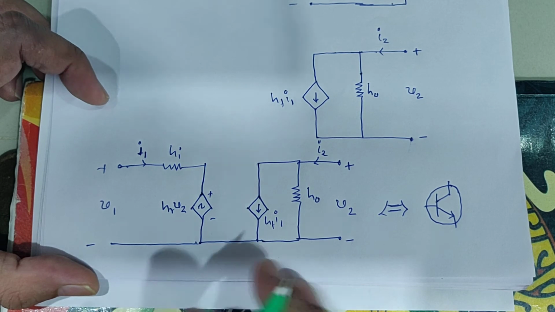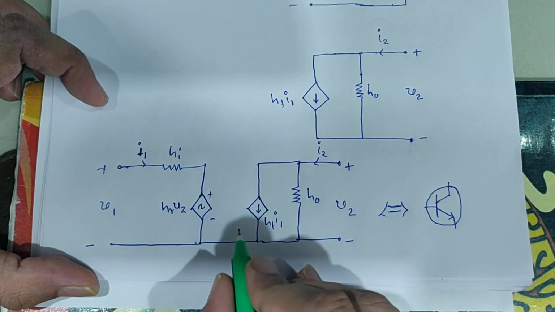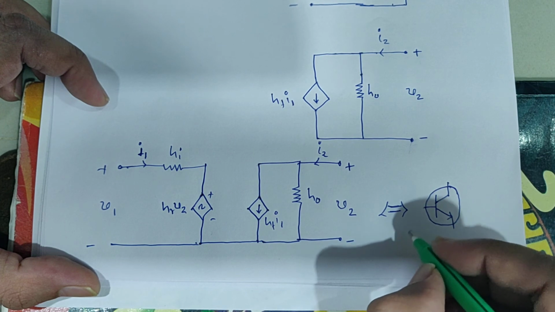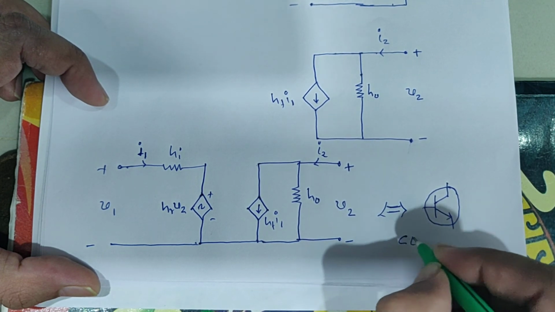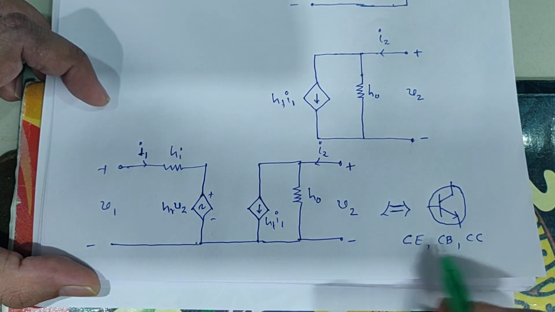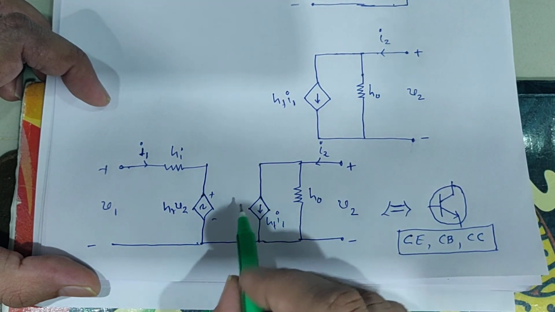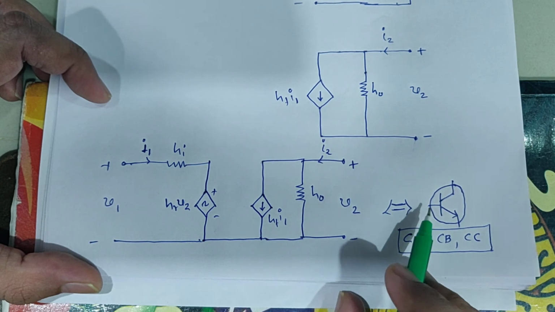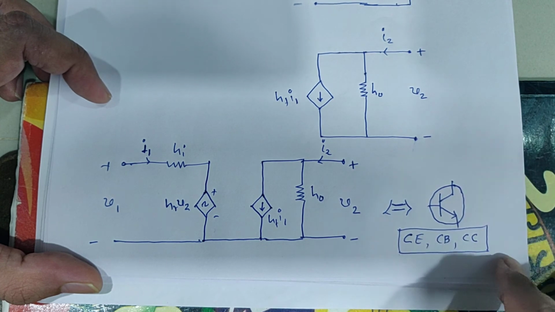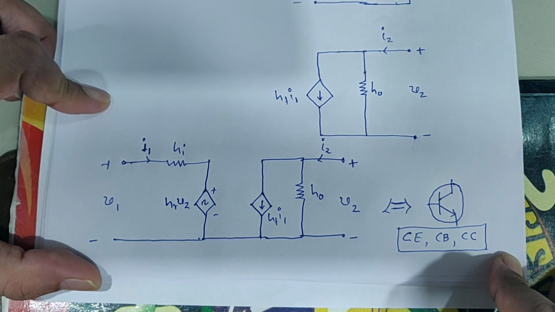This is our equivalent model. We have not used any configuration of the transistor right now, like CE, CB and CC. This is only the equivalent model of a particular transistor. I hope you understand how to represent a transistor equivalent model in H parameters.